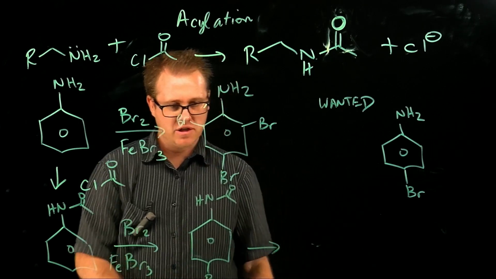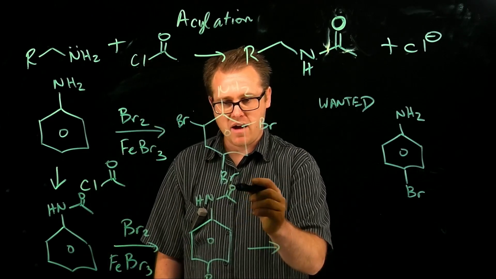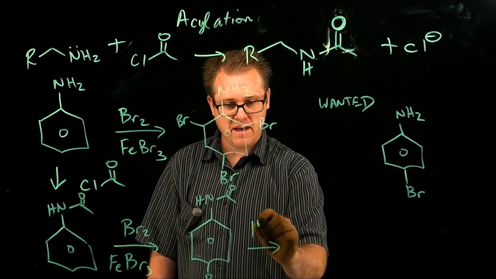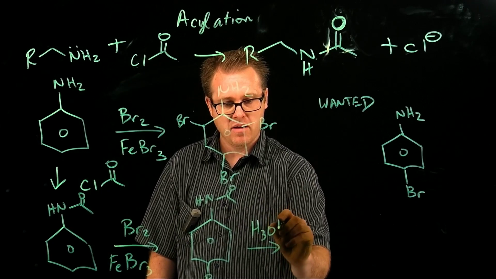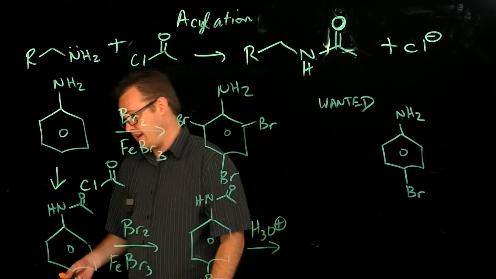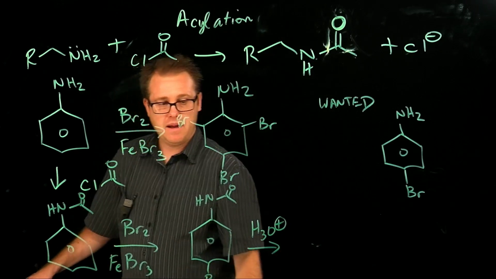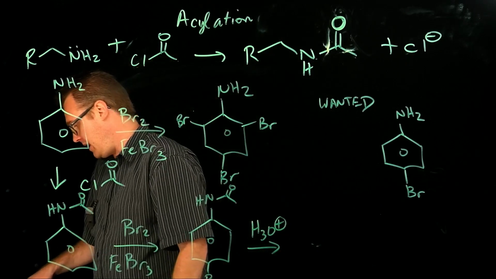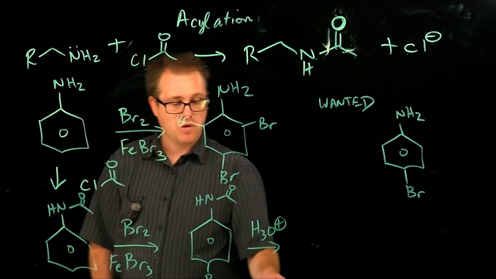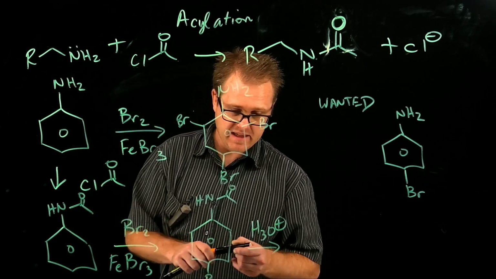And then you can just take that guy off. That's an amine, or sorry, an amide. And we've seen if we take some water and some acid, we could hydrolyze it. We've also seen that we could just do it under basic conditions.